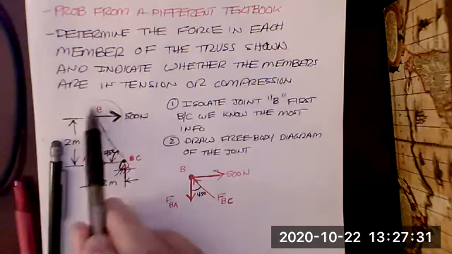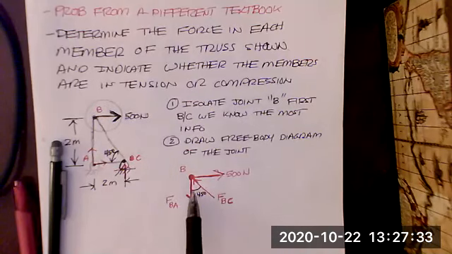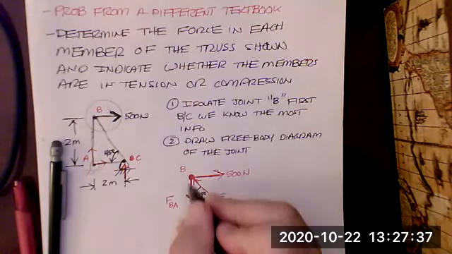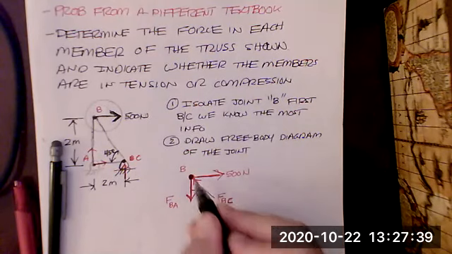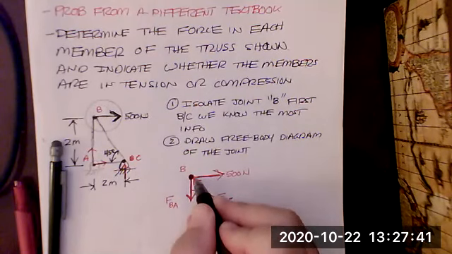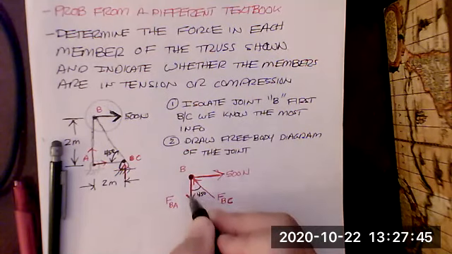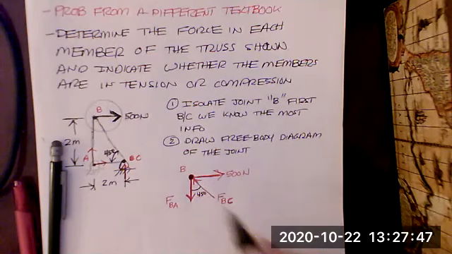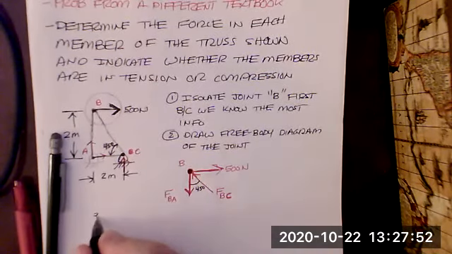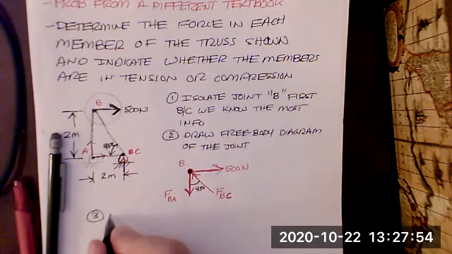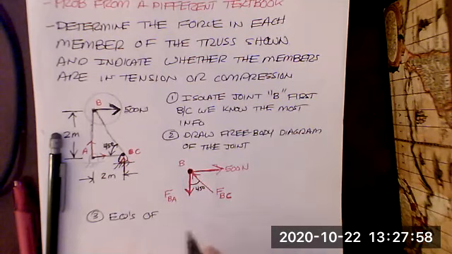So we isolated the joint and we drew a free body diagram. We made assumptions. I'm assuming that this pin, the force this way is pulling on it. So I assume this is in tension, this is in compression. Now we have to use our equations of equilibrium.